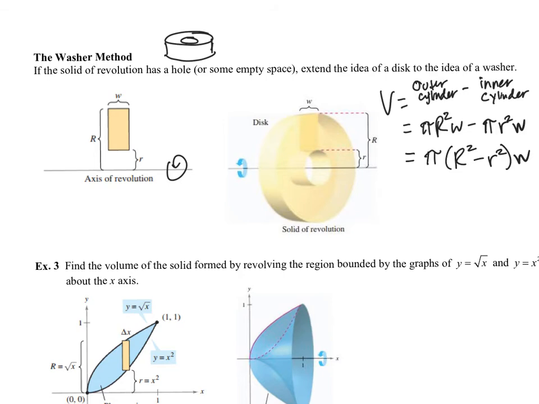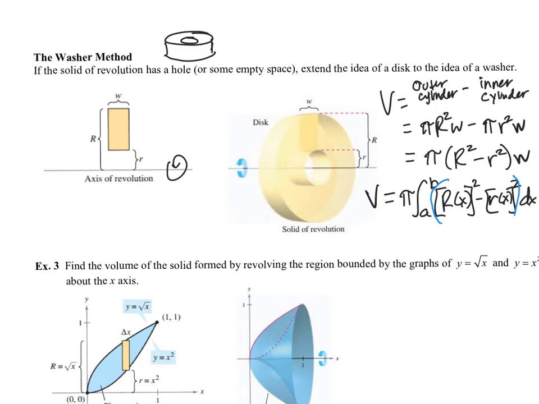So in other words, to find the volume of a washer, we're going to take pi times the integral from A to B of the outer radius, capital R of x, squared, minus the inner radius, little r of x, squared, and then the W would be our delta x, our change in x. We can even put some parentheses around this whole thing so we know what our integrand is.